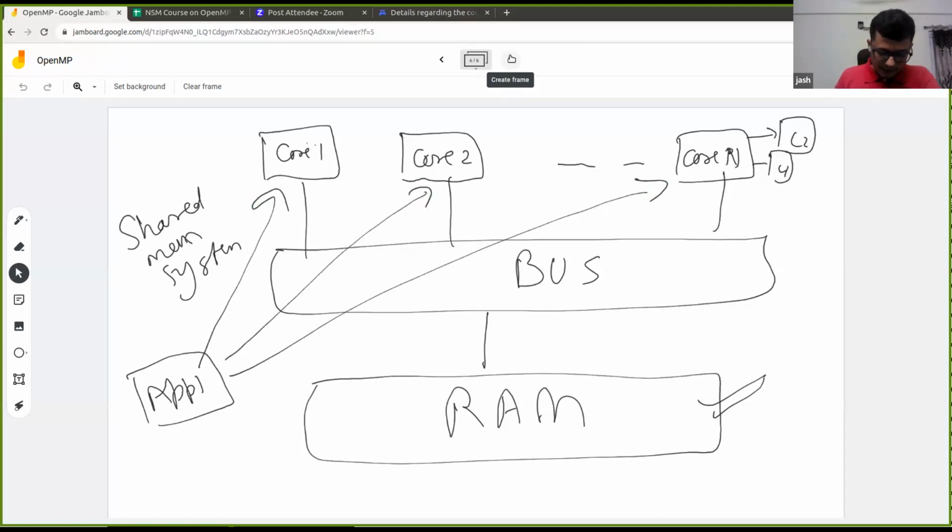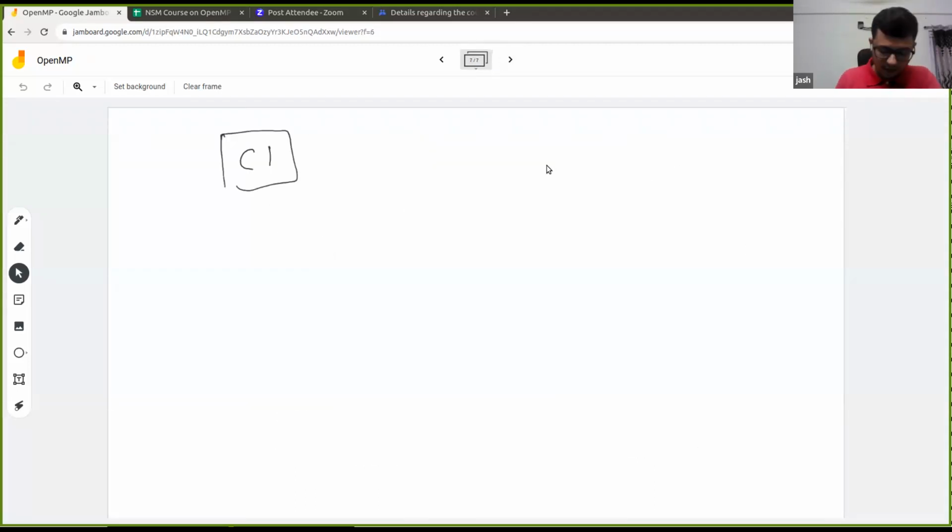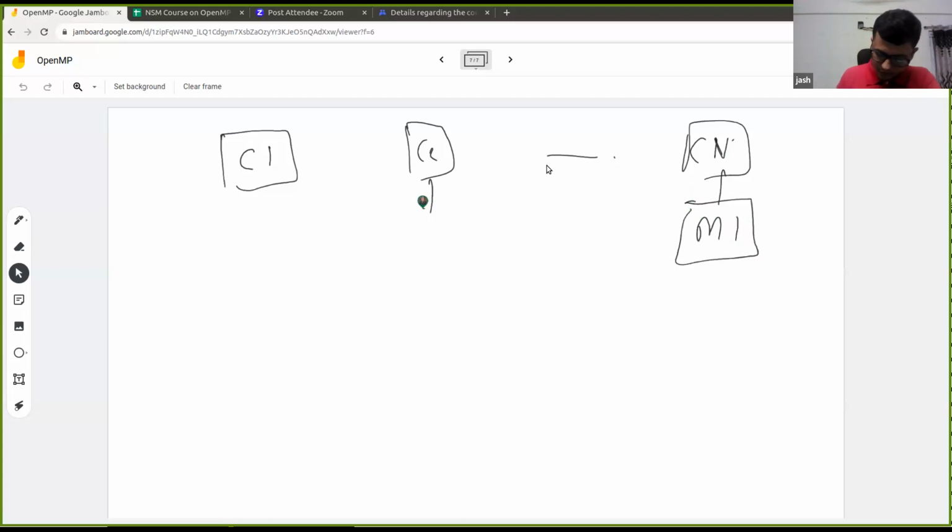Next one is this distributed setup. The difference here is that we have core 1, core 2, and so on, core n. Each will have its own memory, memory 1, memory 2, and so on.